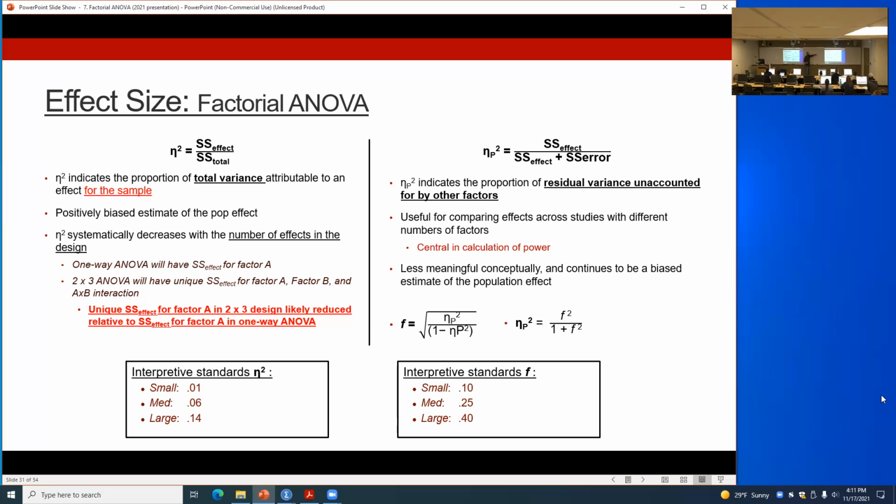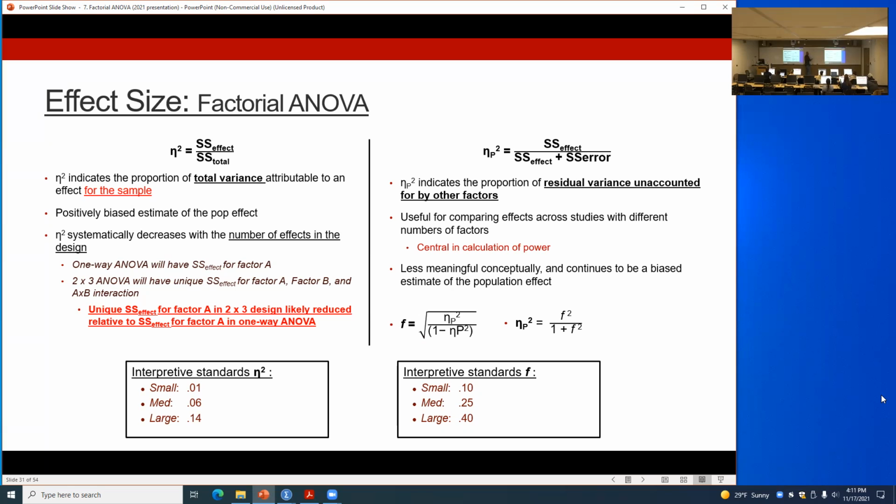This is the denominator in our eta squared. But if I am taking a look at my partial eta squared, let's say this slice of the pie is due to B, and this slice is A times B, right? What I have left over, if I pull out variability that's accounted for by other factors, is all of this, right?